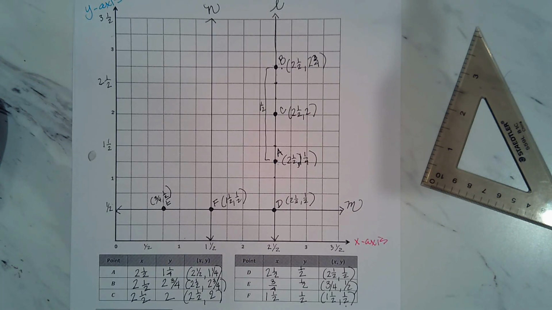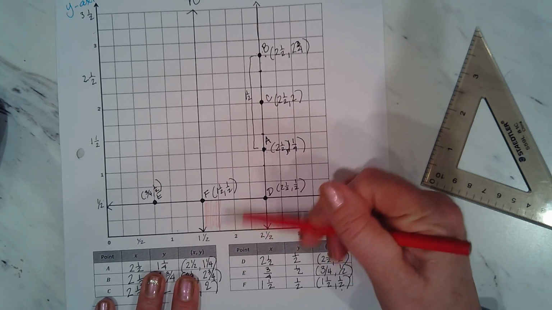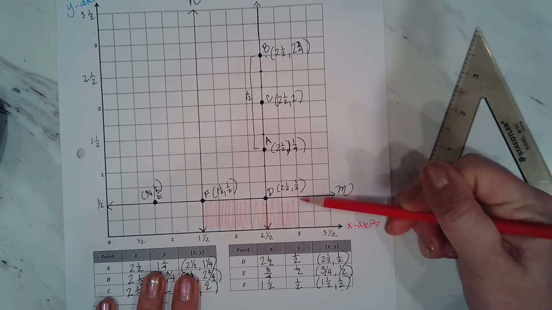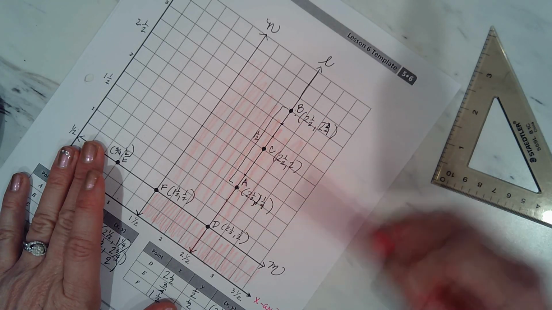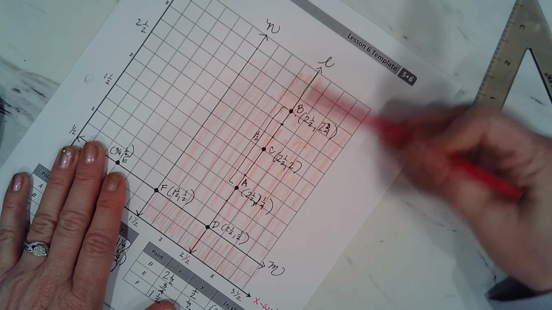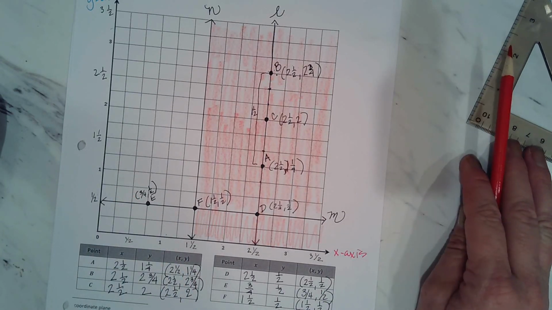So from here, we're going to use our red pencil or crayon or something like red to shade the part of the plane that we can see that is more than 1.5 units from the y-axis.